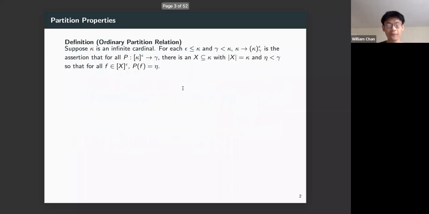Okay. First, let me remind you of the familiar partition relation.